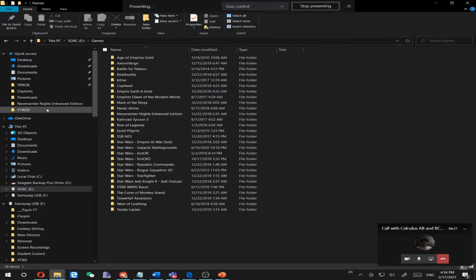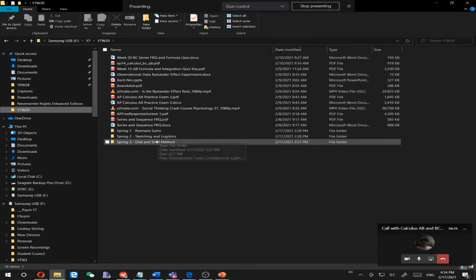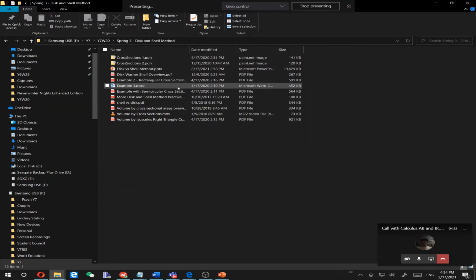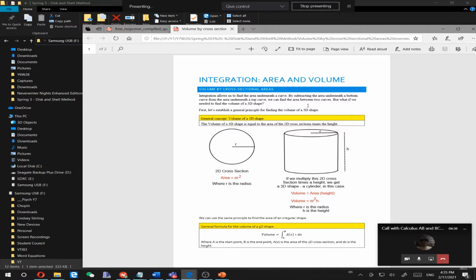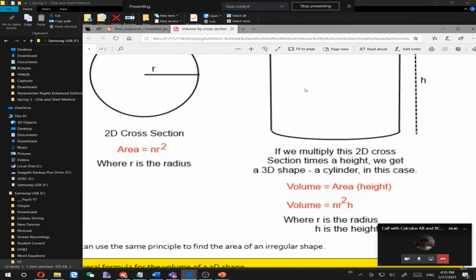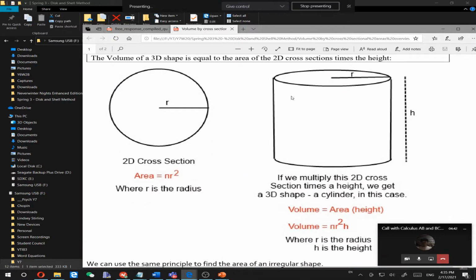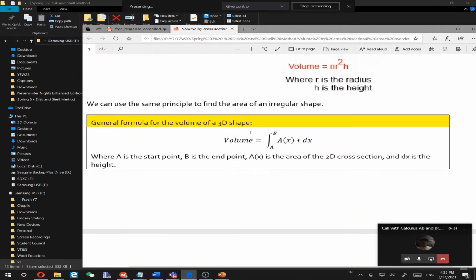We also have volume by cross sections. Because any volume is really a two-dimensional cross-section times the height. If we can have an area times the height, we can keep changing the size of the areas as we stack them on top of each other, which is what we saw in the 3D printing.